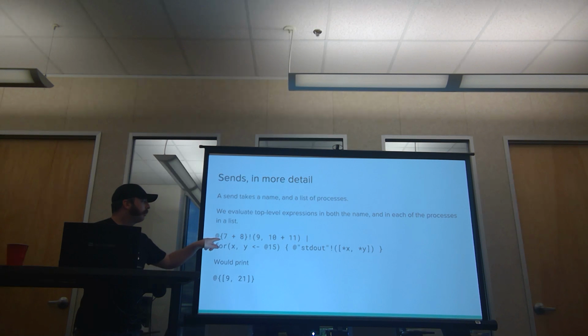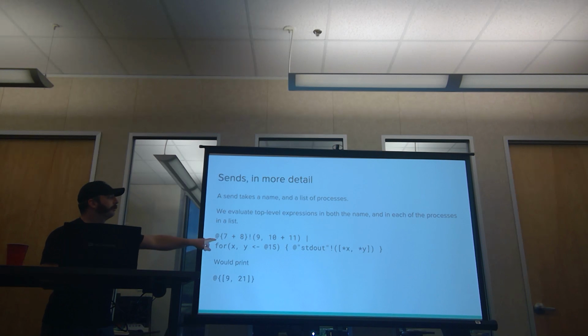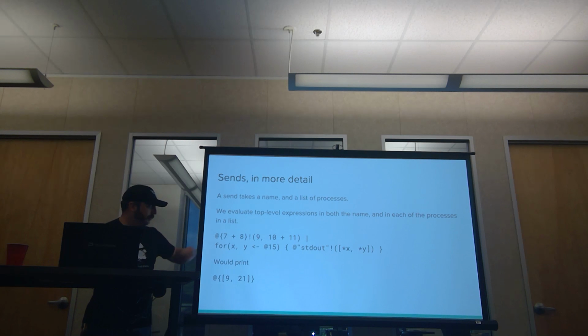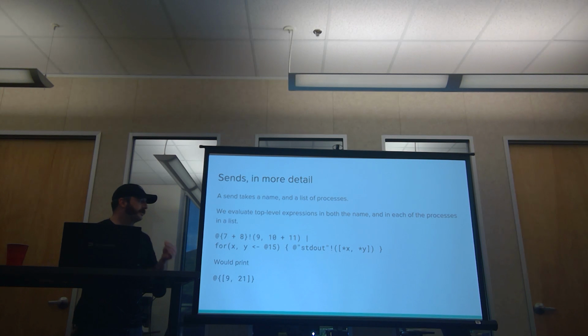But here, when we quote this expression, we do actually evaluate what's inside, and the time when it's evaluated is on the actual send. We leave it alone until we're actually going to evaluate the send right now. So first we need to evaluate any top-level expressions in the quoted process, and we also evaluate any top-level expressions in the quoted processes that we're sending.